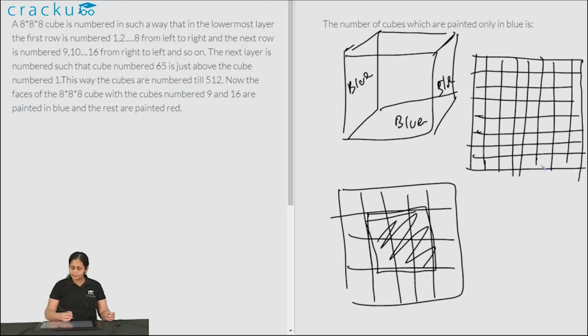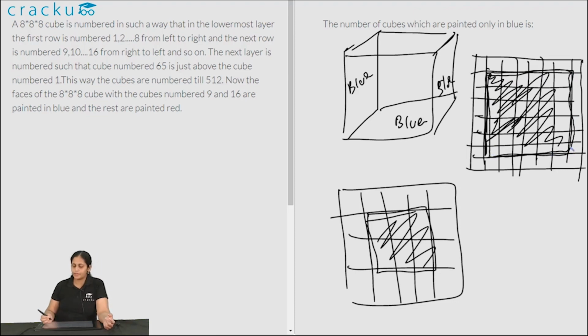So if I consider the cubes from this part to this part, over here in the middle, I'll make this thicker. This 6 into 6 square, these 36 cubes, will have only the blue face as far as these 3 faces are concerned. So these 36 cubes on this face and on this face will have only blue color.